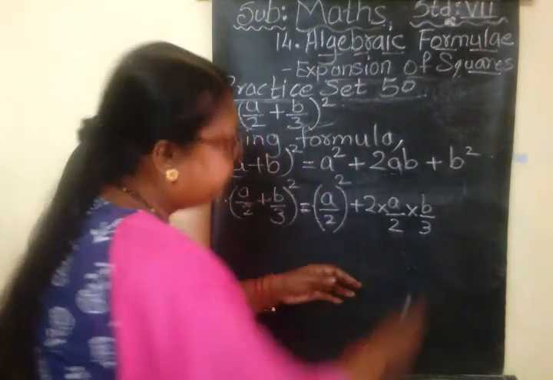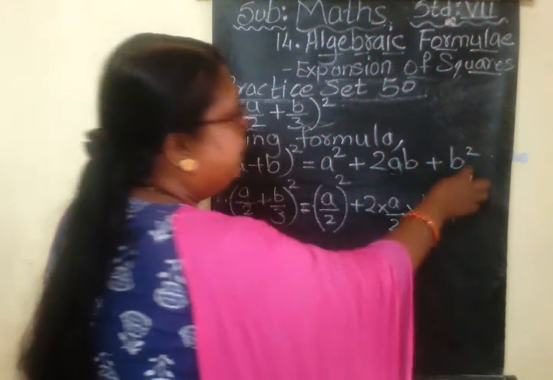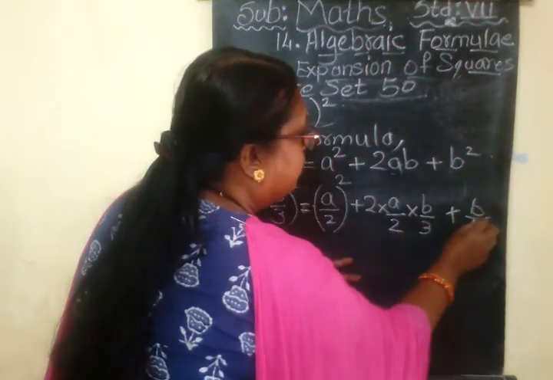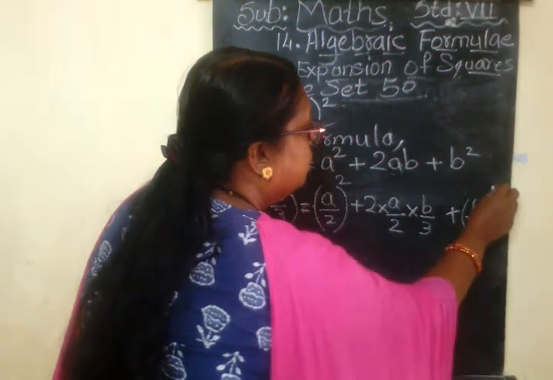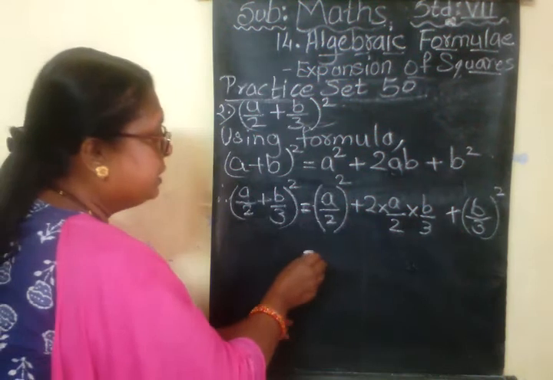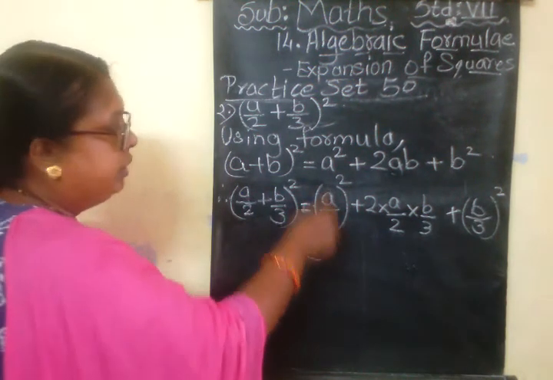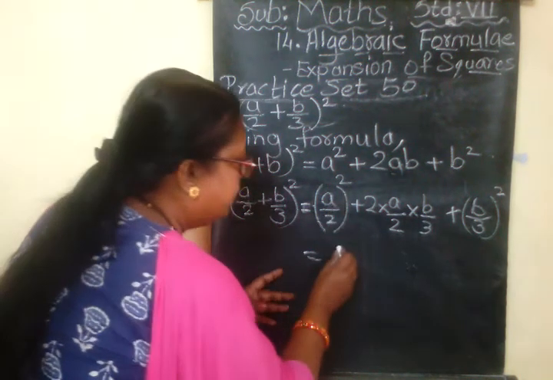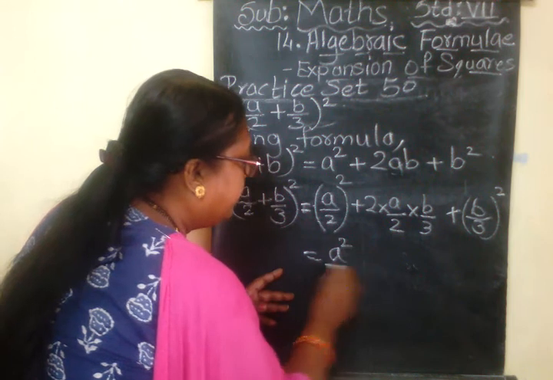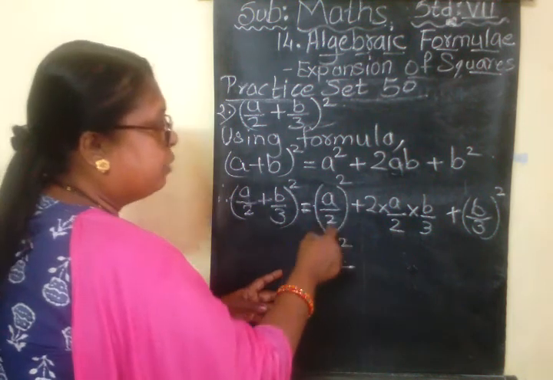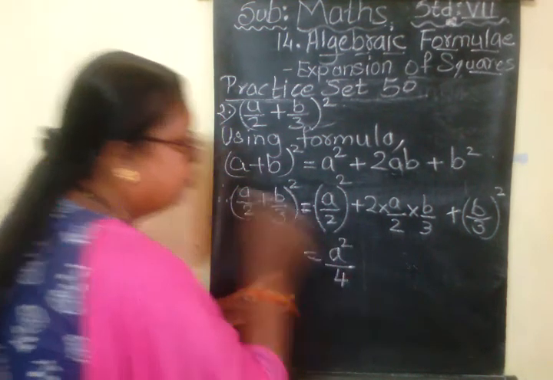Plus b upon 3 the whole square. Now since it is inside the bracket, you have to square everything. So you will write a square in the numerator and the denominator becomes 2 square, which is 4.